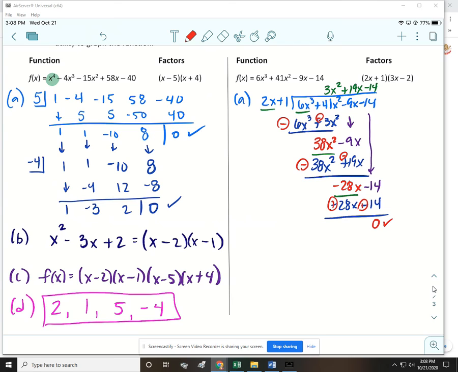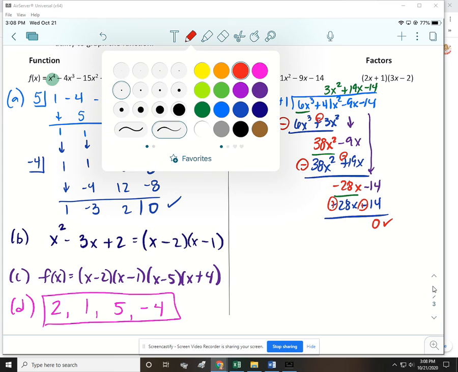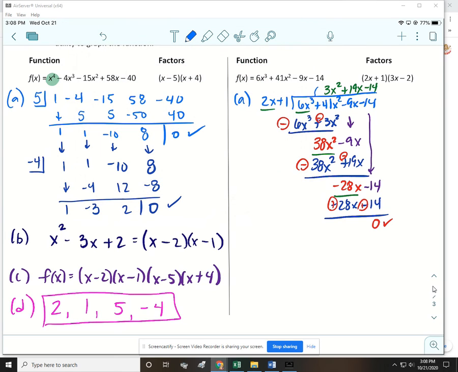Remainder 0, check. All right, and then what we'll do is take this and divide it by the other factor.